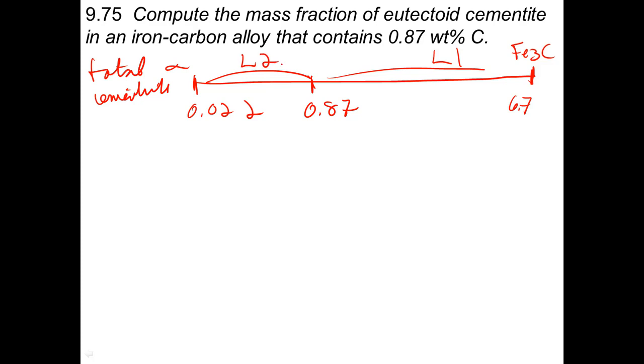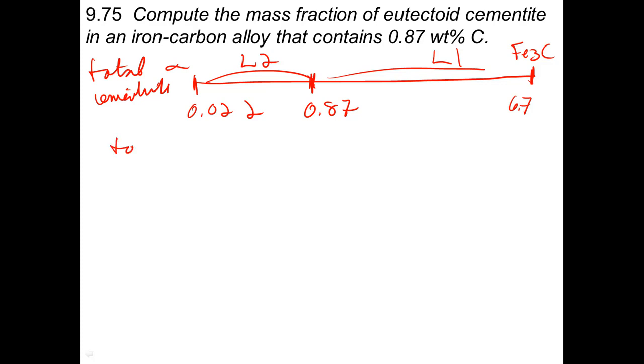So I've drawn that tie line just below the eutectoid temperature, identifying on the right cementite at a concentration of 6.7, on the left ferrite at a concentration of 0.022, our system concentration of carbon that was given 0.87, and the lengths on either side of that lever point, L1 and L2.